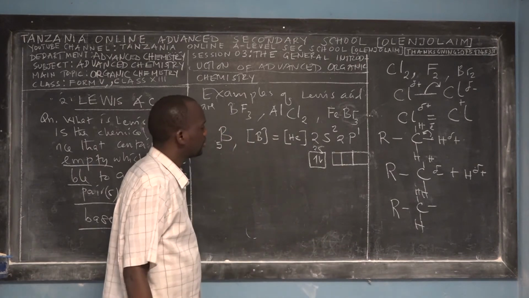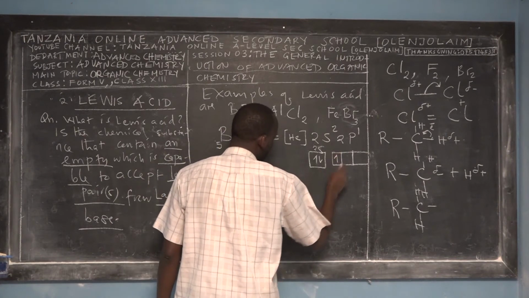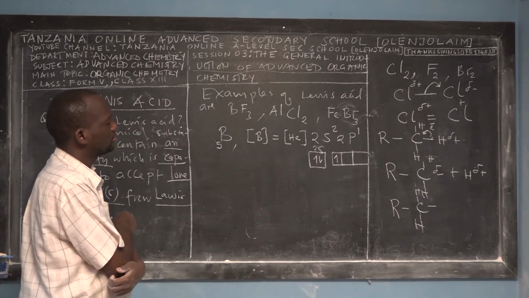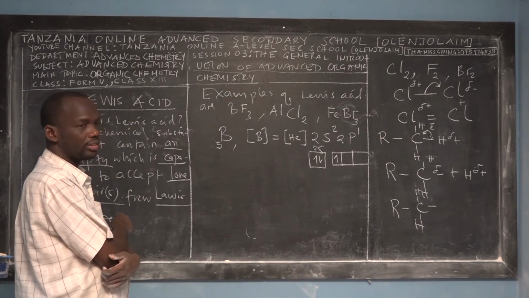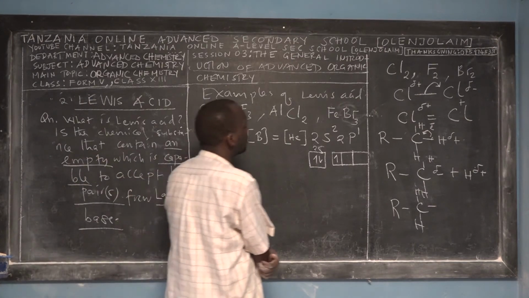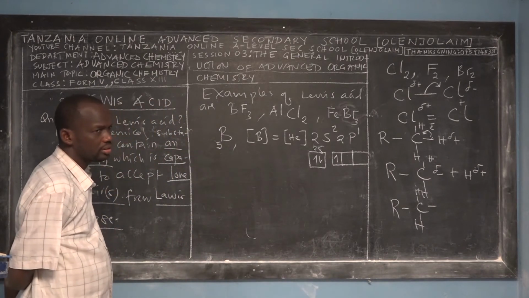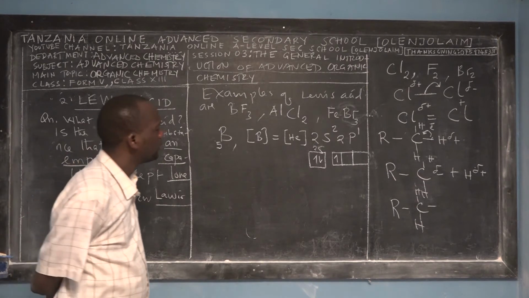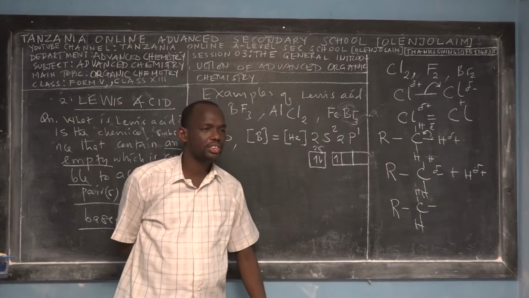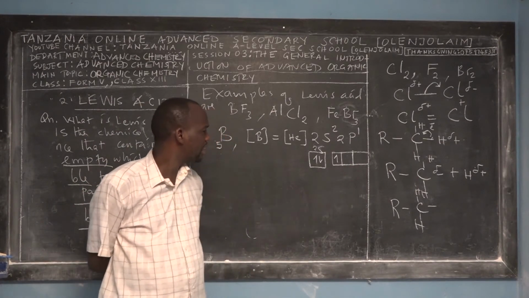In 2p you have only one electron. So how many empty orbitals does it contain? Two, which are py and pz.